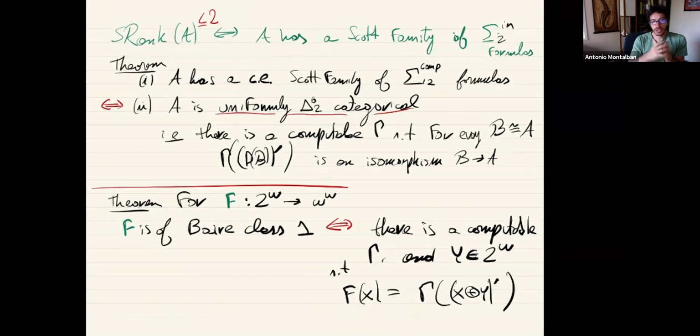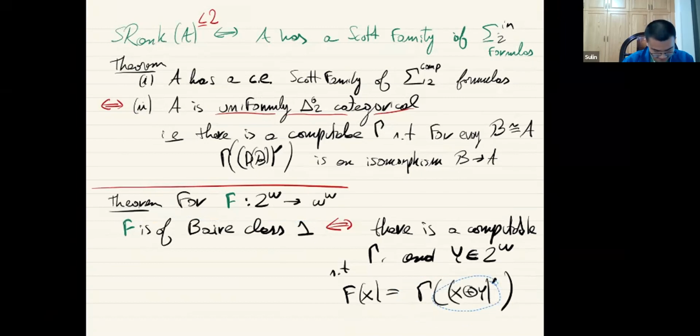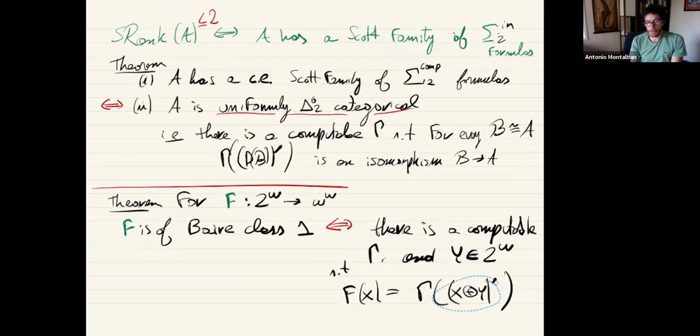You have an oracle, and the oracle is the alpha jump of the structure. So instead of talking about Baire class alpha, I talk about functions whose input is the alpha jump of the oracle. I think this is an interesting application of computability theory to get a result that seems not related to computability.